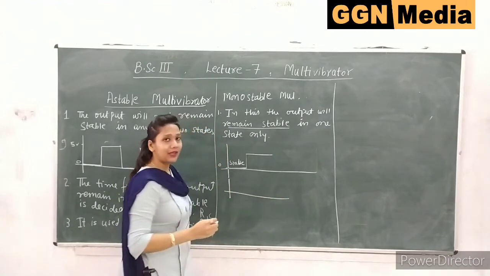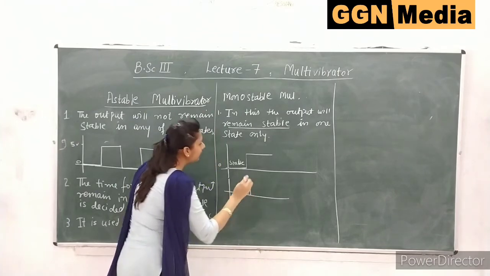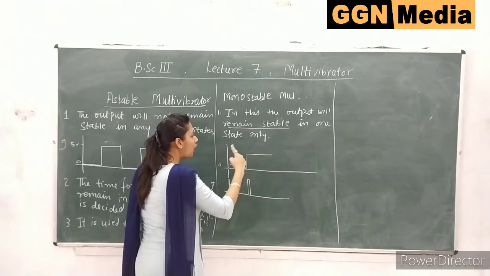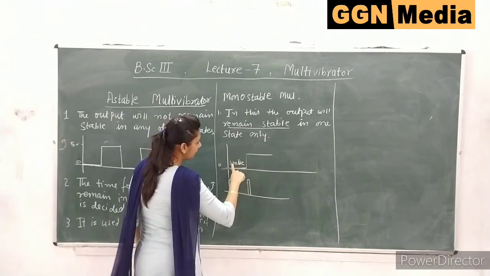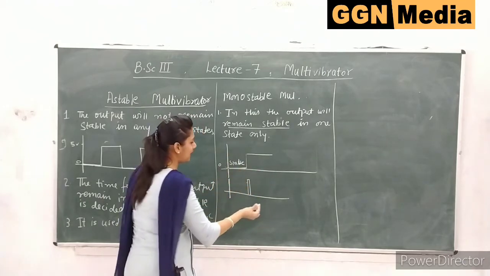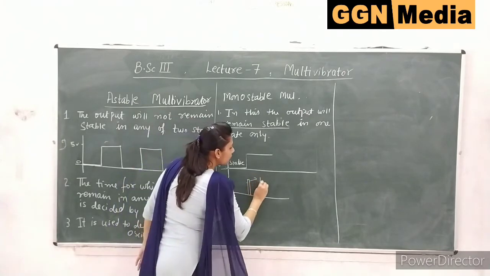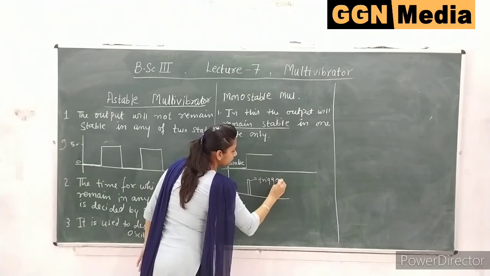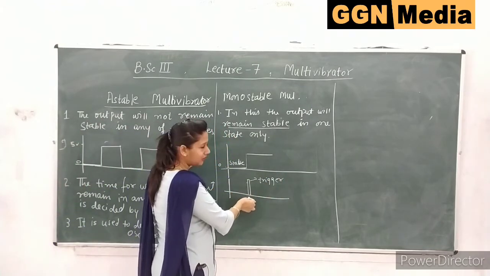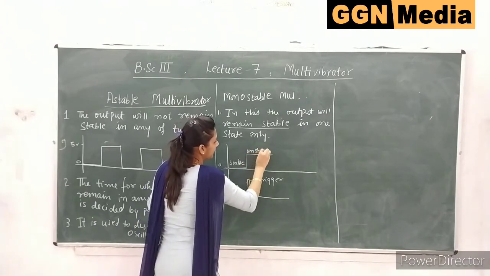We have to apply some trigger, or we can say an external signal, to make this output high, or to switch this multivibrator from stable to unstable state. We have to apply some external signal which is known as trigger. Clear? Then if we apply some external signal trigger, it will go to unstable state.